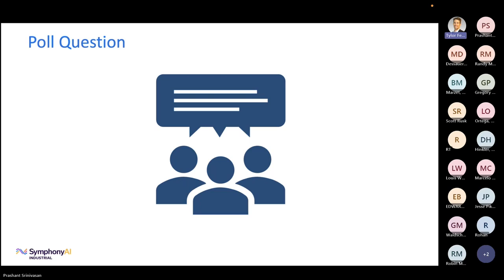Looks like about the majority of the room has voted. 82% can do better, and I assume that's why you're here. But if you haven't voted yet, please get those polls in. So Prashant, it looks like 18% do a lot of automation, and 82% of the room can do better. Back to you.